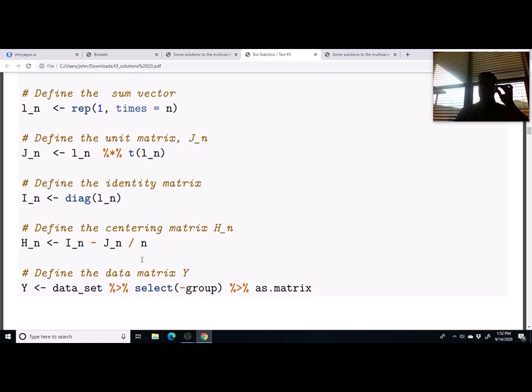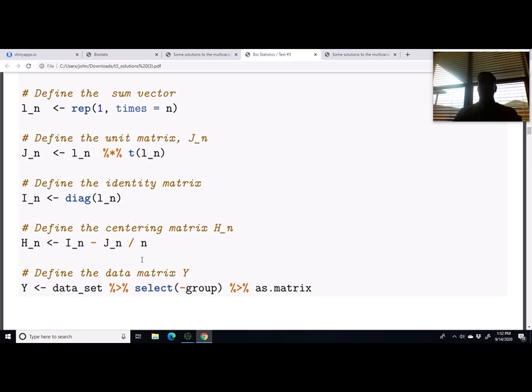Now we need a data matrix. Remember, all the elements of a matrix are of the same type, but in a data frame that's not necessarily the case. The columns of a data frame or a tibble can be of different data types, like a factor variable, a character vector, a numeric vector, a logical vector.